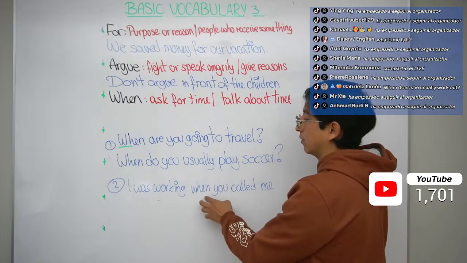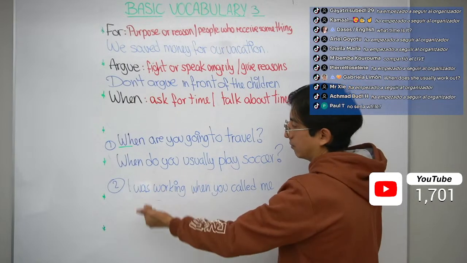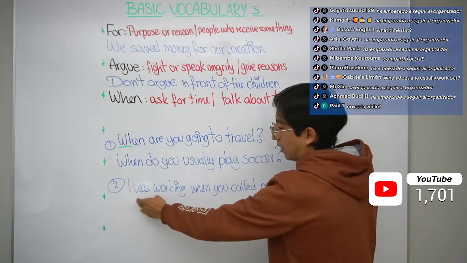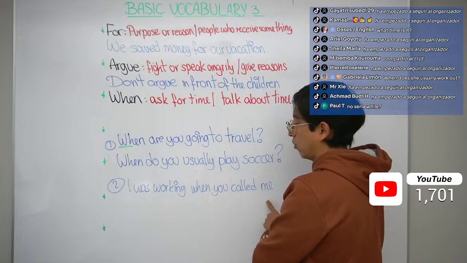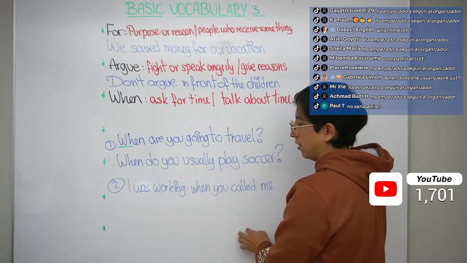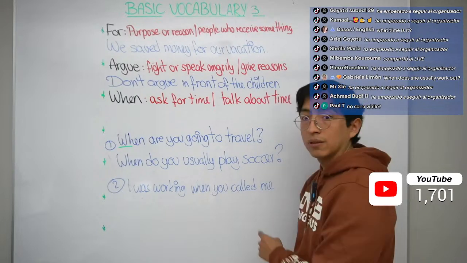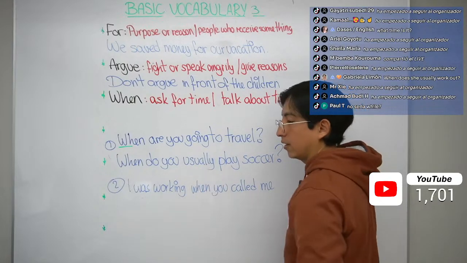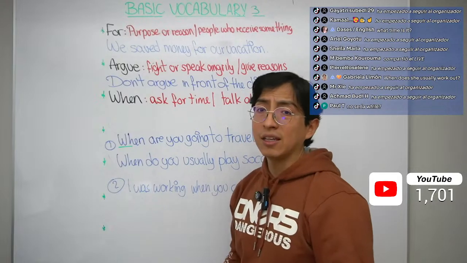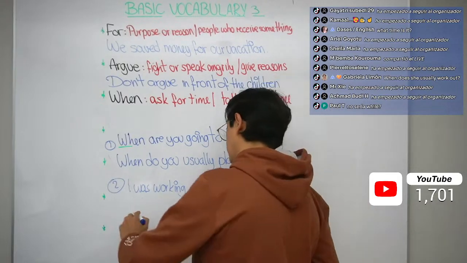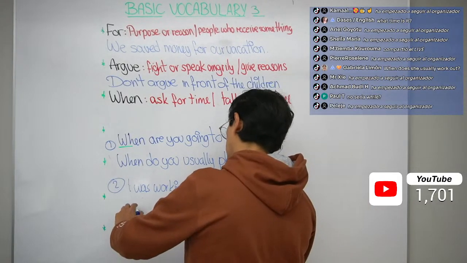I was working, that is the action in progress, and you called me is the second action that interrupts the first action. You can use this at the beginning also, especially when you want to talk about the past.